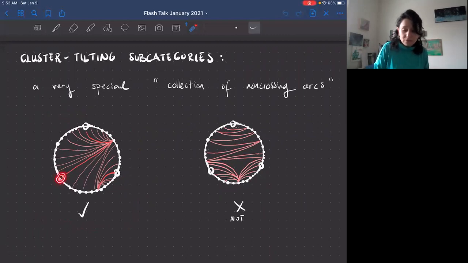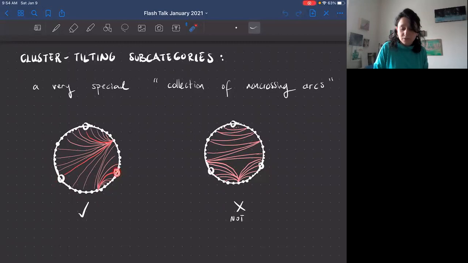For every accumulation point, we want to have arcs accumulating to this limit arc. In the literature, this is called fountains. So we want to have two-sided fountains at each accumulation point.